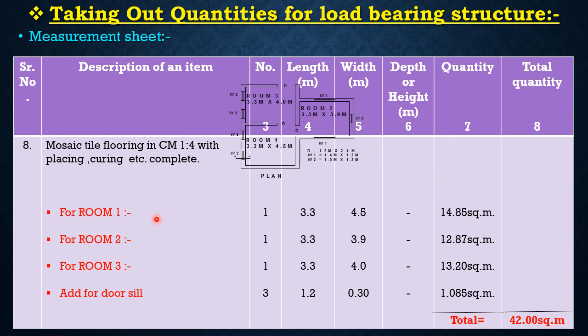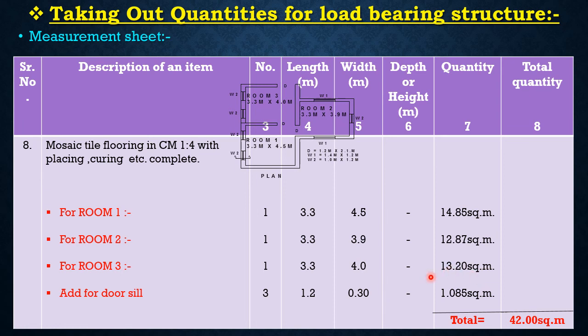Then room number 1 is 1, length is 3.3 meter, width is 4.5 meter, then quantity is 14.85 square meter. Then room number 2, number is 1, 3.3 meter by 3.9 meter, then quantity is 12.87 square meter. Then for room number 3 is 1, 3.3 is length and width is 4 meter, then quantity is 13.20 square meter.